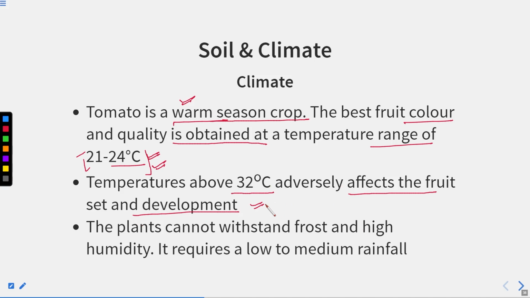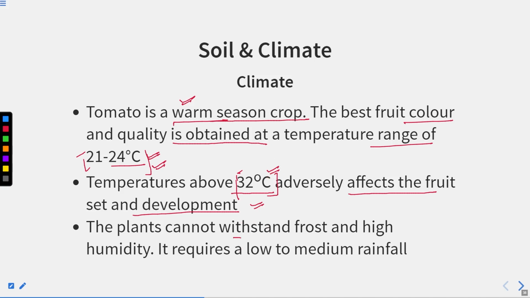So you can see here the temperature is a very important factor for the setting of fruit, and it also determines the quality of the fruit, right? The temperature above 32 degrees centigrade will not give you a good quality of fruit.